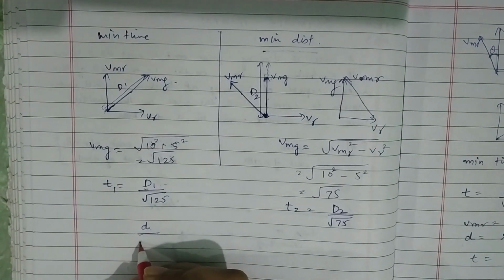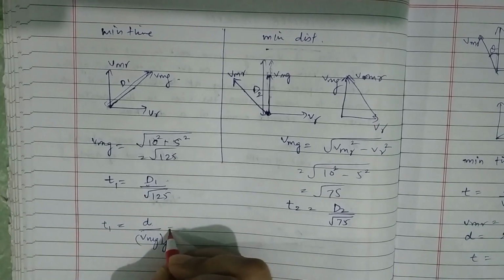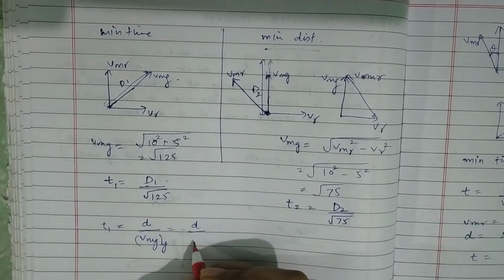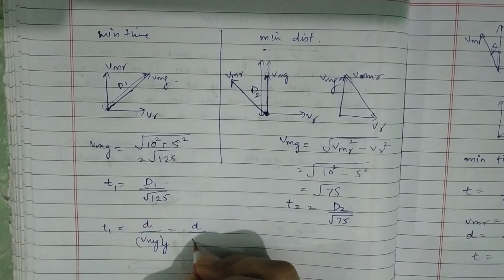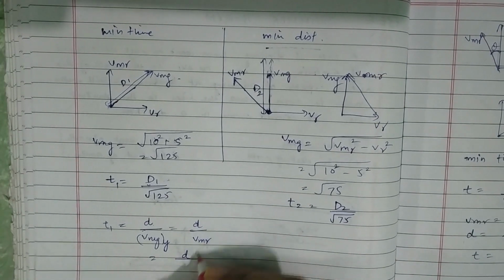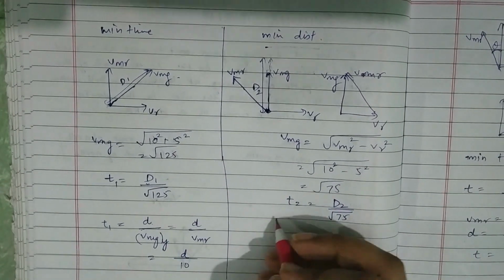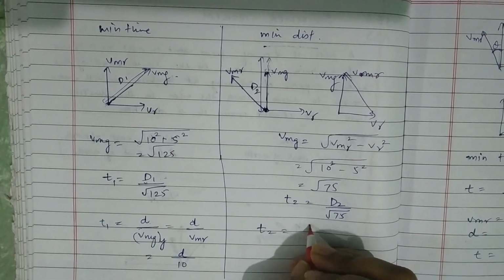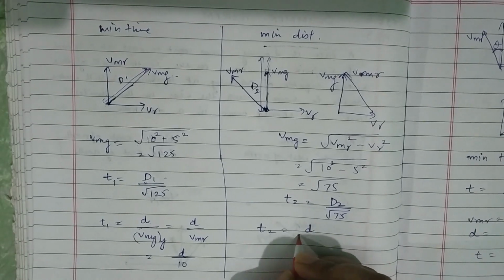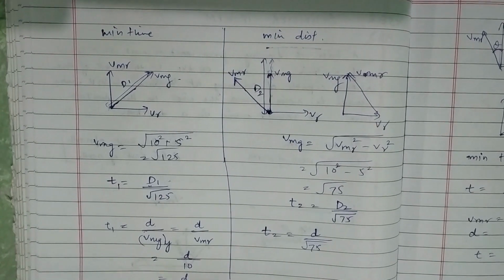It will be the VMG y component, and the y component of VMG, as we have already proved back then, is VMR, okay? So d upon this VMR, which is 10. In the case here, this T2 will be the same, d upon root 75, or we can say d upon root 100.